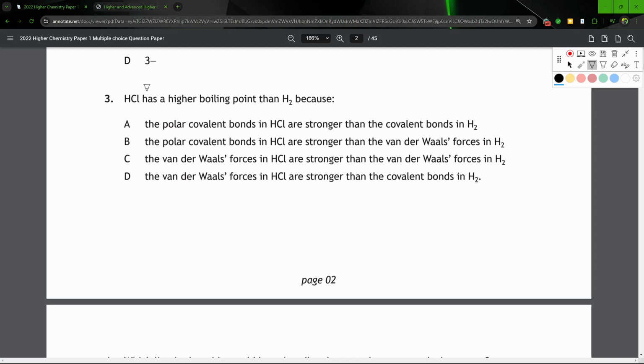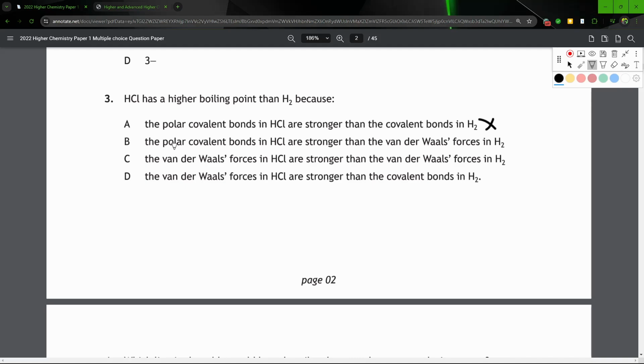Hydrochloric acid, HCl, has a higher boiling point than plain hydrogen. Because, well, why? Polar covalent bonds are stronger than the covalent bonds in H2. This is technically true, well, actually, not really. And also, polar covalent bonds do not affect boiling point.